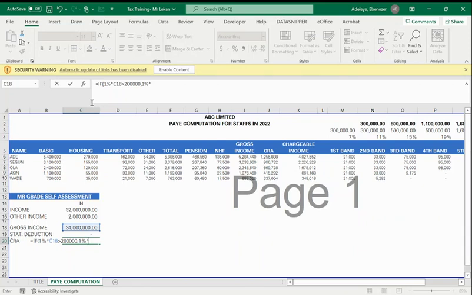That's the reason why I'm using the logical test. Trying to not make the video so long. 1% of the gross income. Let it give us 1% of the gross income. Else, let it give us 200,000.